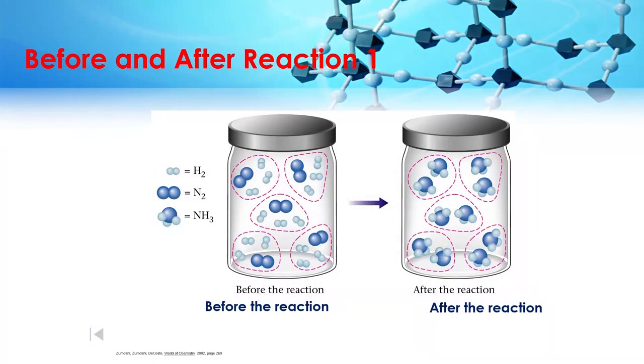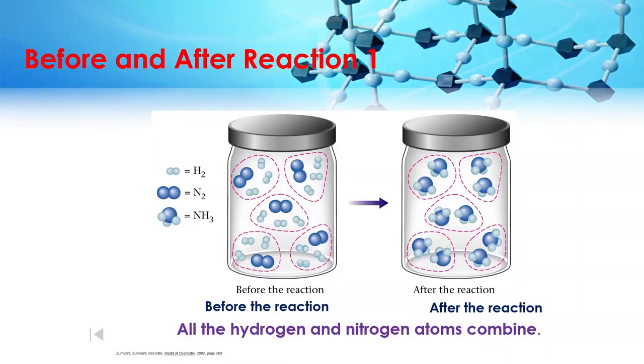Which one is the limiting reactant and which one is the excess reactant? This is before the reaction and after the reaction. So all the hydrogen in this case, because according to the balanced chemical equation, here is the chemical equation.